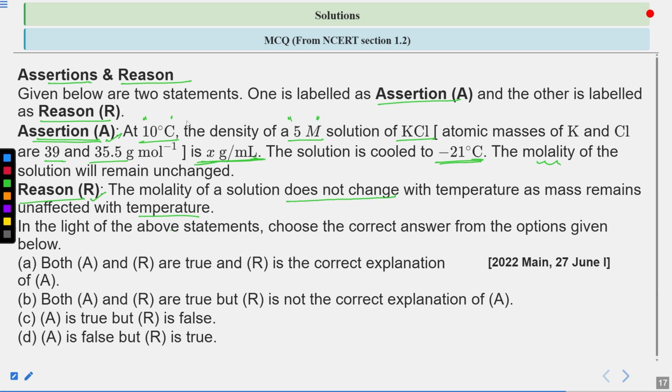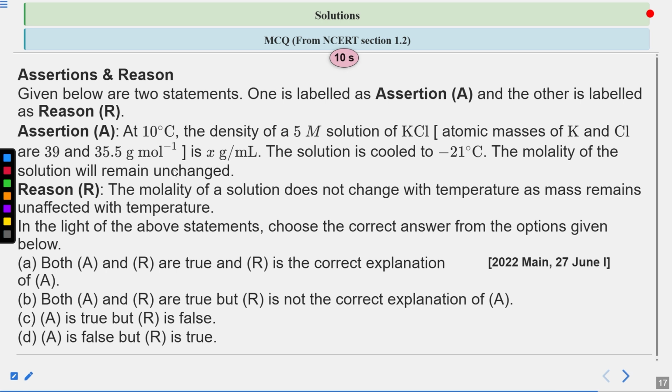A is for assertion, R is for reason. Both A and R are true, and R is the correct explanation of A. Both A and R are true, but R is not the correct explanation of A. A is true, but R is false. A is false, but R is true. These are the four options. You have some time, go through it and think about it. After that, we will see which option is the correct answer.